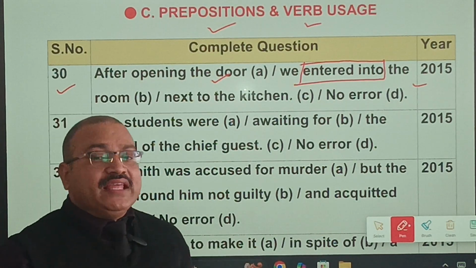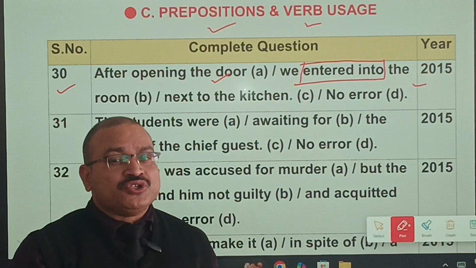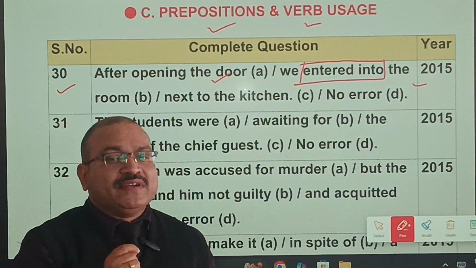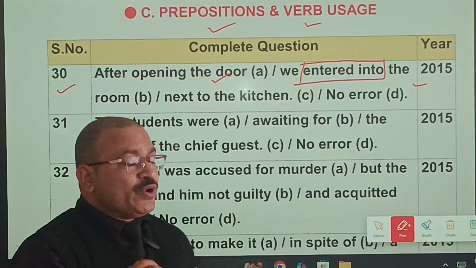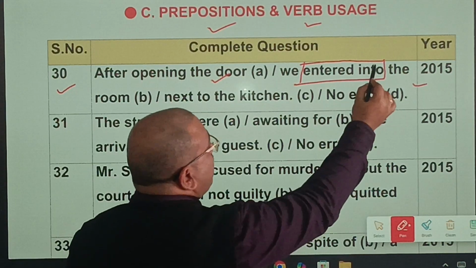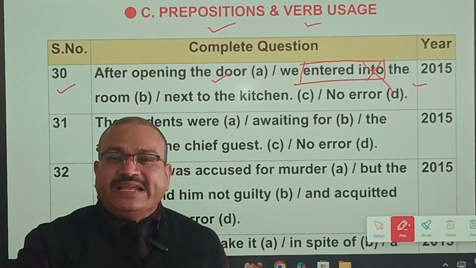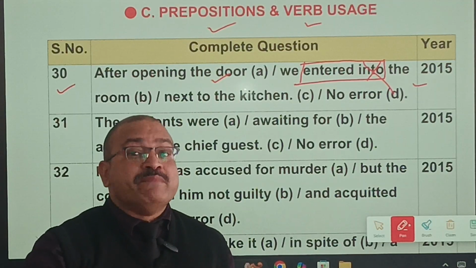Why? Because there are certain verbs that don't take prepositions. So if you find prepositions after such verbs, that becomes an error. So enter here will not take into. Why? Because such verbs are complete in themselves for giving meanings.